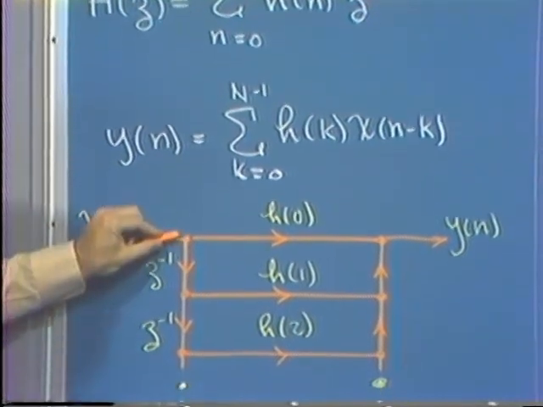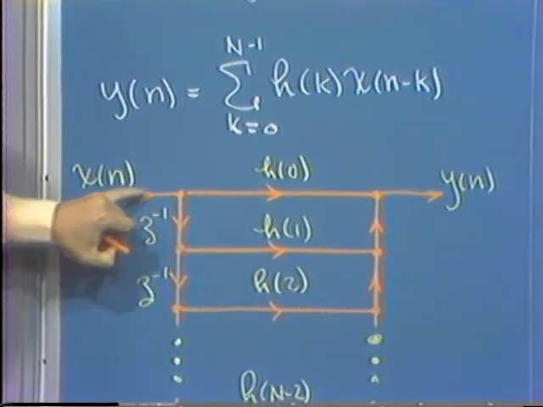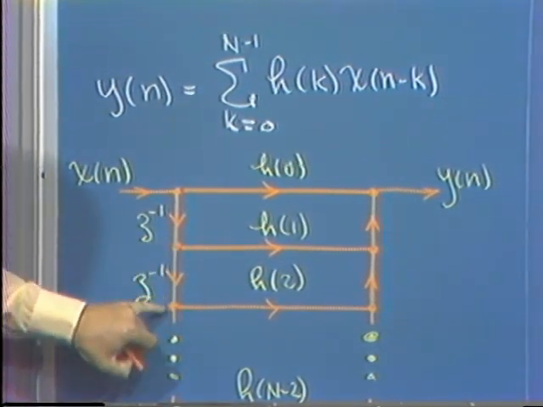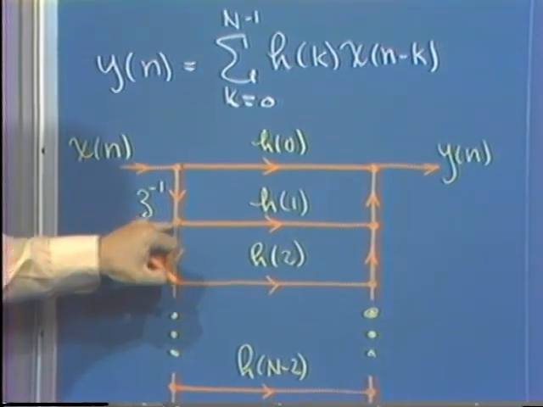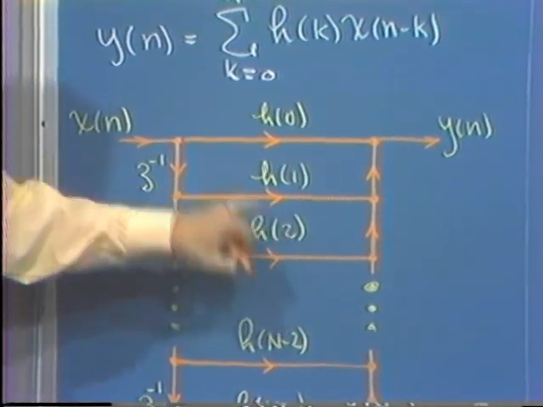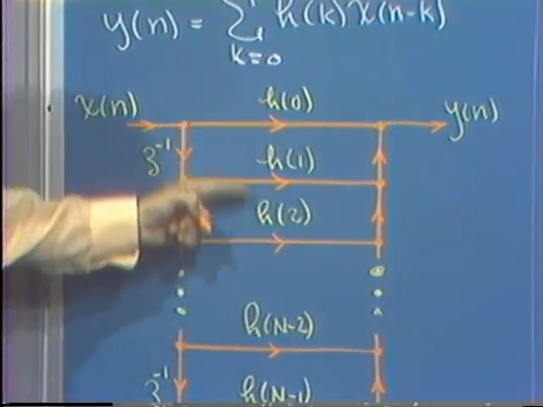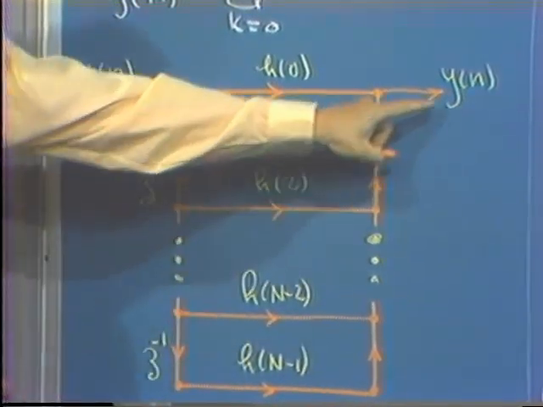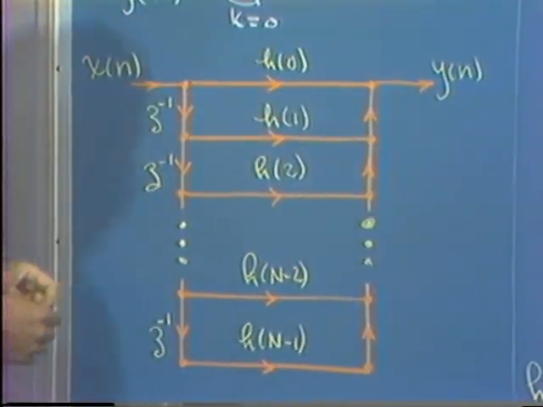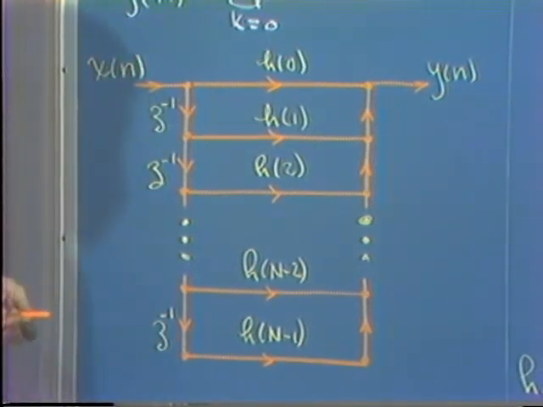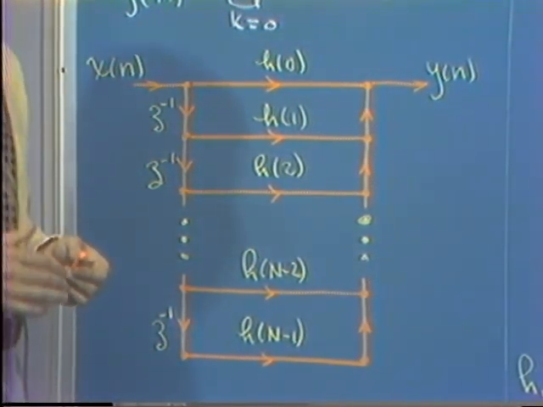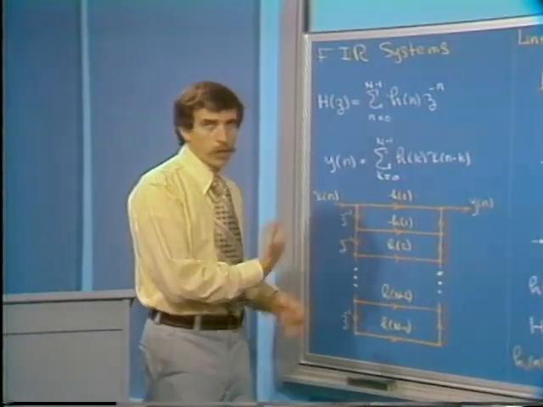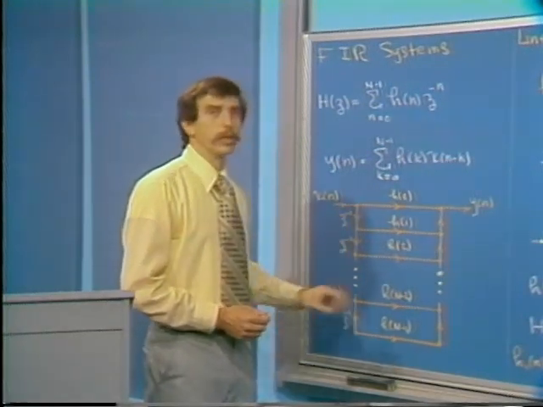So for a general direct form structure, we have x of n minus 1 at the output of this delay, x of n minus 2, etc. x of n minus 1 multiplied by h of 1, x of n multiplied by h of 0, down through the chain, the results added up at the output to produce the overall output y of n. So this is what would correspond to applying the notion of a direct form structure to a finite impulse response system. Likewise, we could talk about a transposed form of this network.